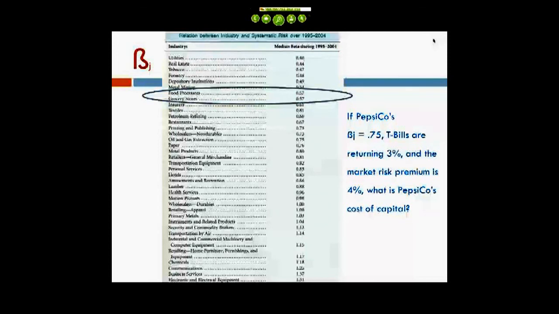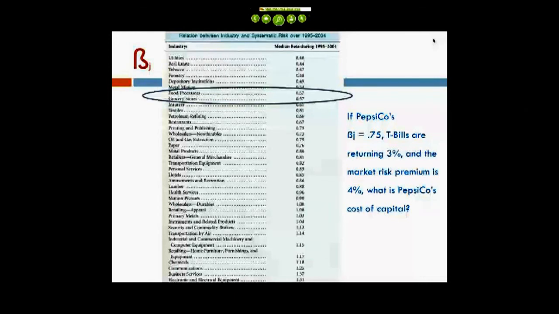What's the correct answer? It's 6. Trust yourselves. How do you do it? The expected rate of return is equal to the risk-free rate plus beta times the market risk premium.